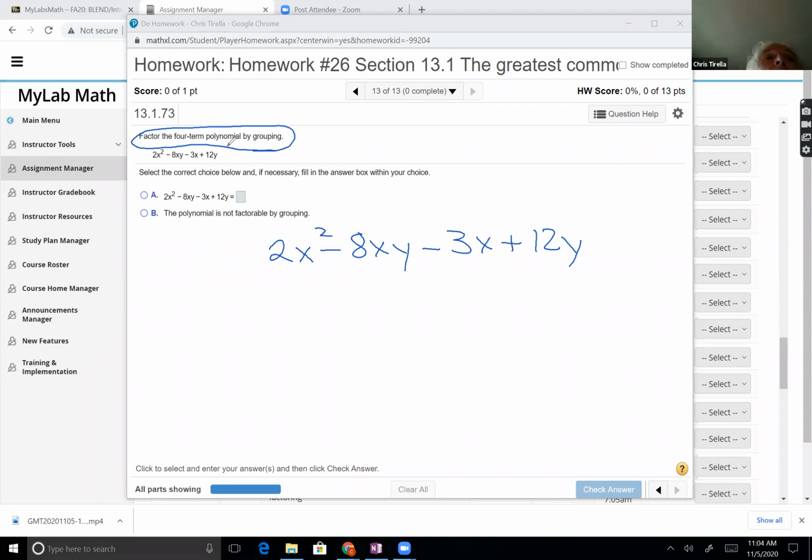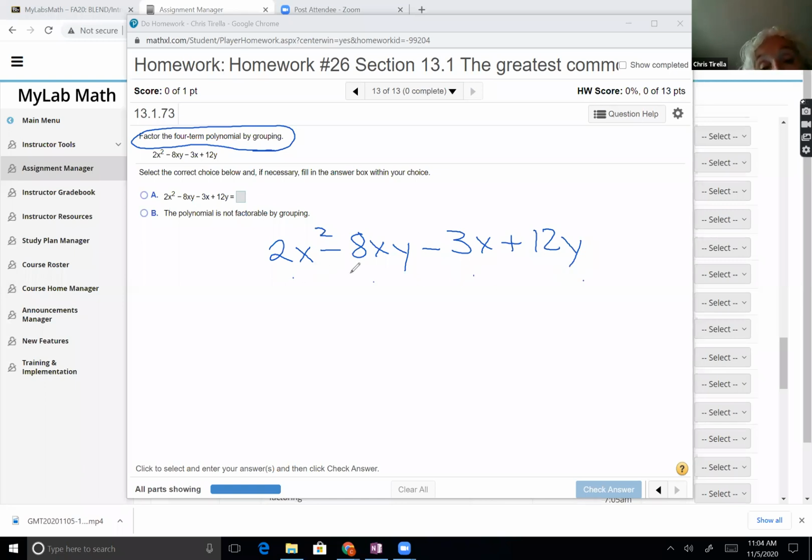Does everybody remember from last class that factoring by grouping is something we usually do if we have 4 terms? So I look at this polynomial and I see there are 4 terms.